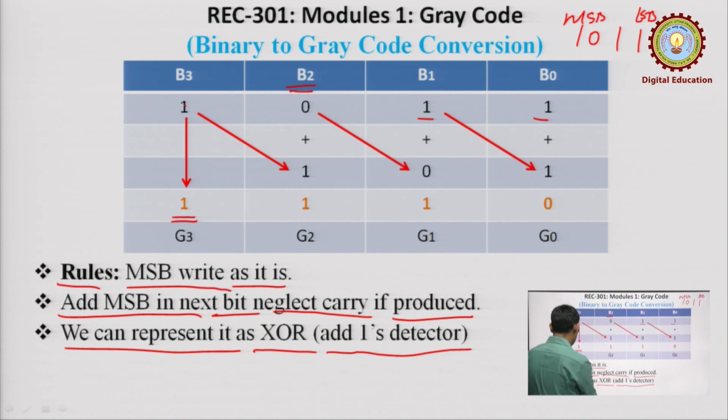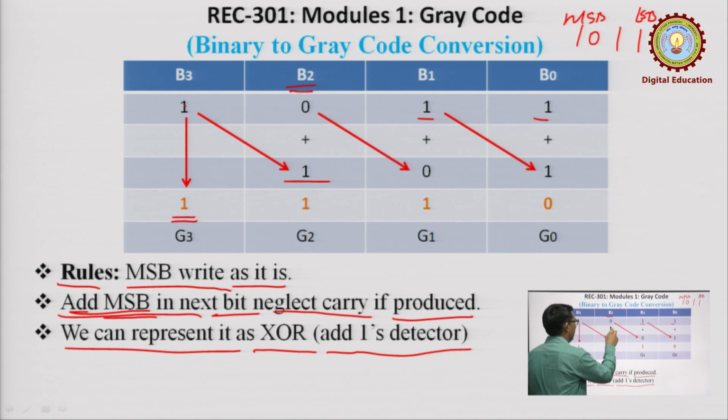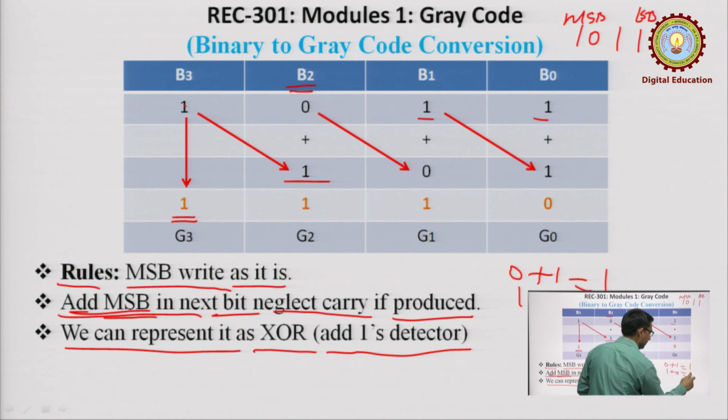We will add the MSB to the next bit. So, if we add this 1 here, 0 plus 1 is equal to 1, we know in the binary code. 0 plus 1 is equal to 1, 1 plus 0 is equal to 1, and 1 plus 1 the sum will be 0 and the carry is 1.